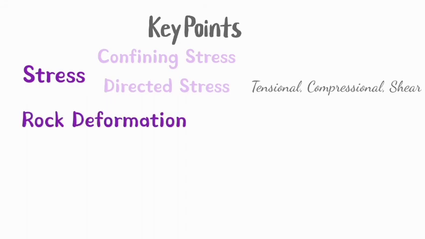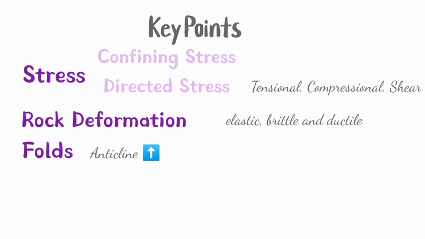Rock deformation involves changes in shape and or size, which can either be permanent or temporary. The different types of rock deformation include elastic, brittle, and ductile deformation. Folds are series of wave-like ripples or bends which is mostly formed when rock layer is subjected to compressive stress. It is composed of upward fold known as anticline while downward fold as syncline.